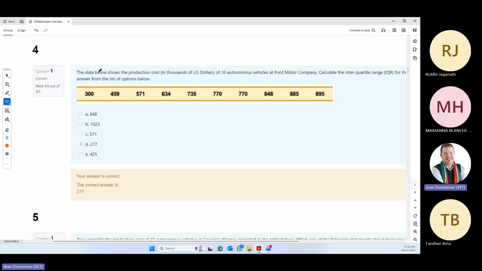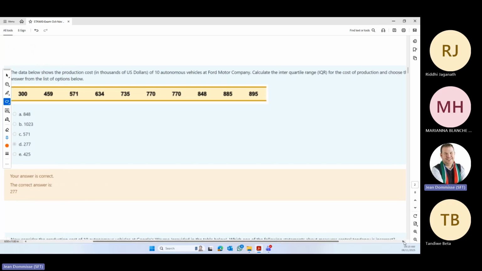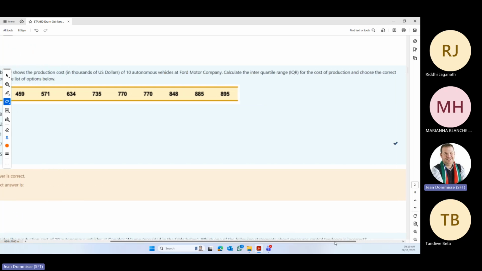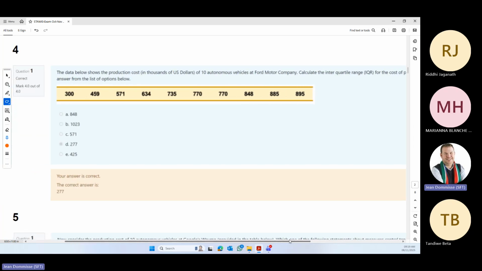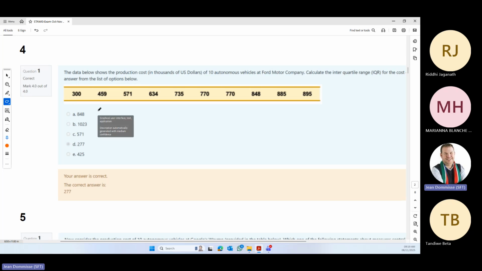The data below shows the production cost in dollars of 10 autonomous vehicles. Calculate the interquartile range for the cost of production and choose the correct answer from the list below. Okay, so let's just see if it's ranked, because that will make it simpler for us.